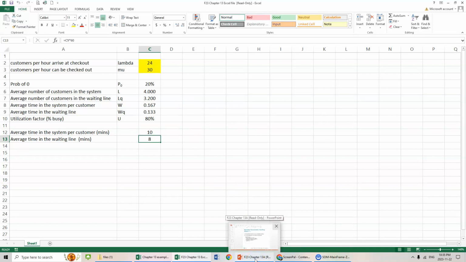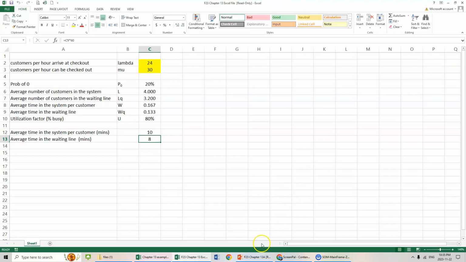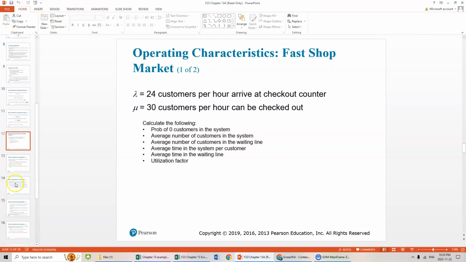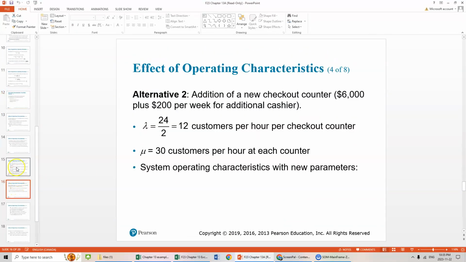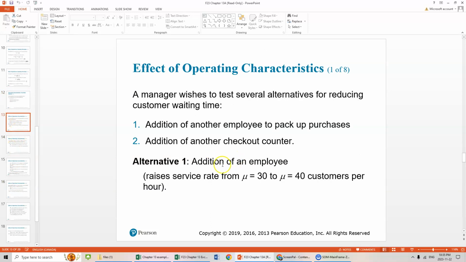That's basically what this chapter is about, trying to determine if there's an overall benefit in making changes to our system. So the first one we're going to look at is various alternatives here. Alternative 1, addition of an employee raises the service rate from 30 to 40 customers per hour.